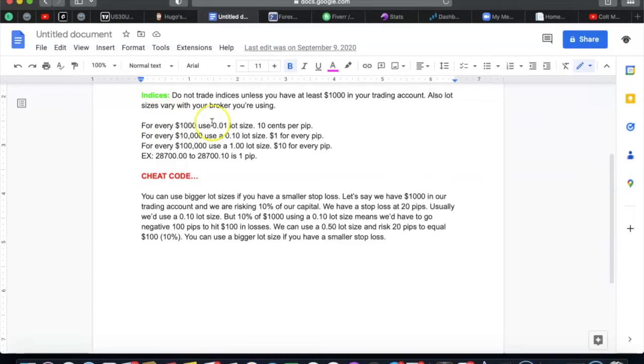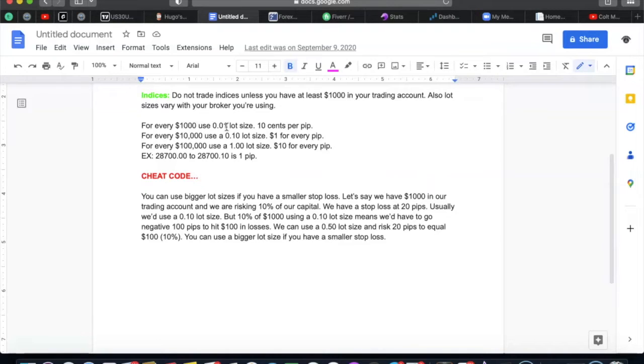So for every $1,000 that you guys have in your account, you're going to use a 0.01 lot size. So if I catch 1,000 pips on a 0.01 lot size, I'm going to make $100. If I catch 2,000 pips, I'm going to make $200, which is pretty good. On US30, you definitely can catch like 2,000 to 3,000, even 4,000 pips per trade.